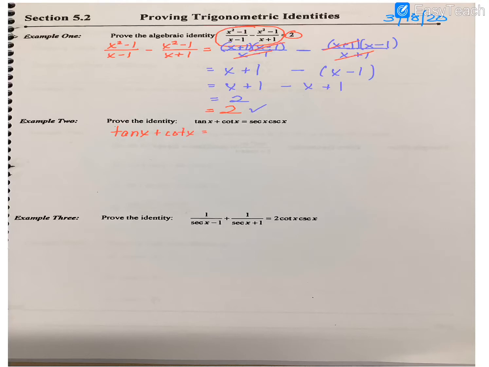And then this is where my work starts. My job that I'm hoping to get this to equal at the end is secant x cosecant x.